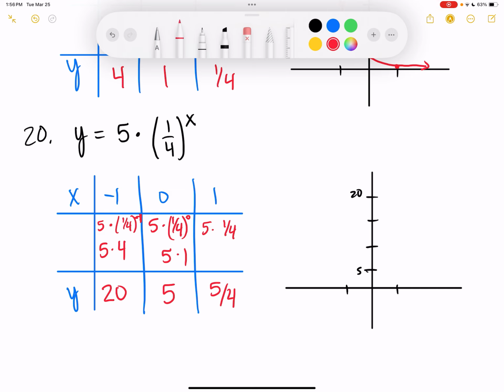So at -1, I'm at 20. At 0, I'm at 5. And then at 1, I'm at 5/4, so that's a little bit above 1. But in the scheme of relativity, I guess, to the graph, it's still pretty close to the axis. And then just coming down and connecting.